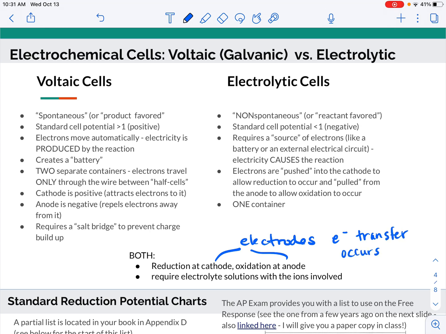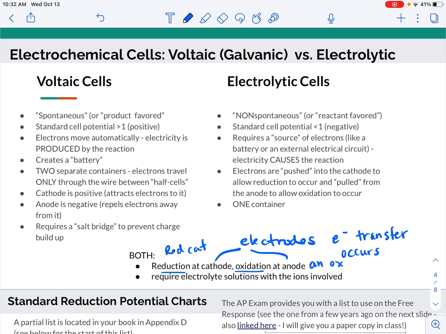So this is just something that's allowing the electricity to be conducted into our solutions or out of our solutions. And so they both have a cathode and an anode, and in both cases, the reduction reaction occurs at the cathode and the oxidation reaction occurs at the anode. So this is that saying again, red cat and an ox. I talked about that when we first started oxidation reduction reactions.